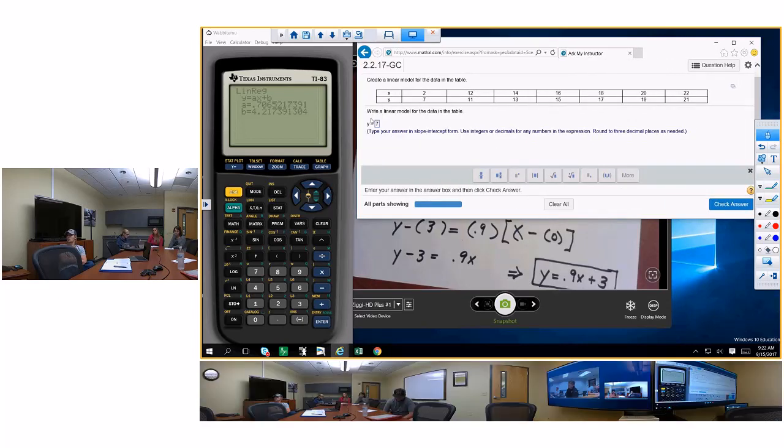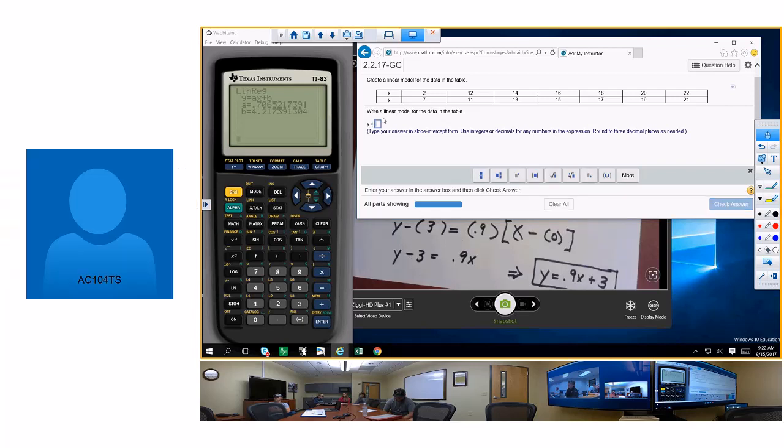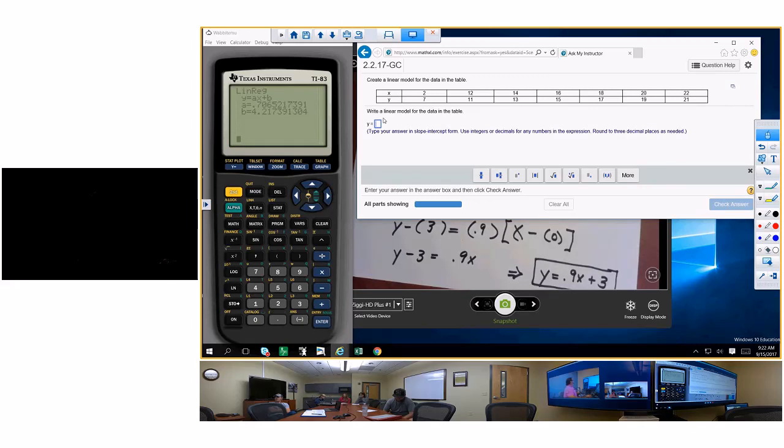There. So you would type in y is equal to 0.7. What does it say? Round to 3 decimal places, 0.707x plus 4.217.